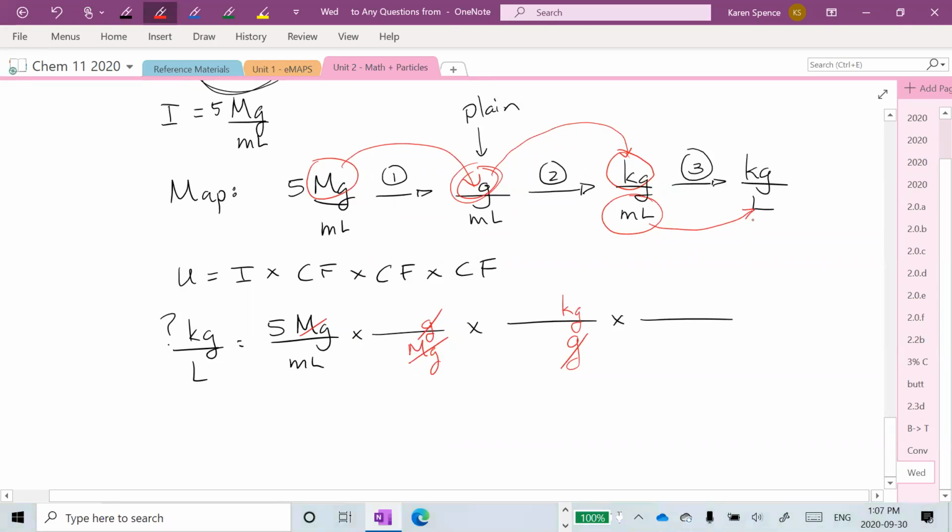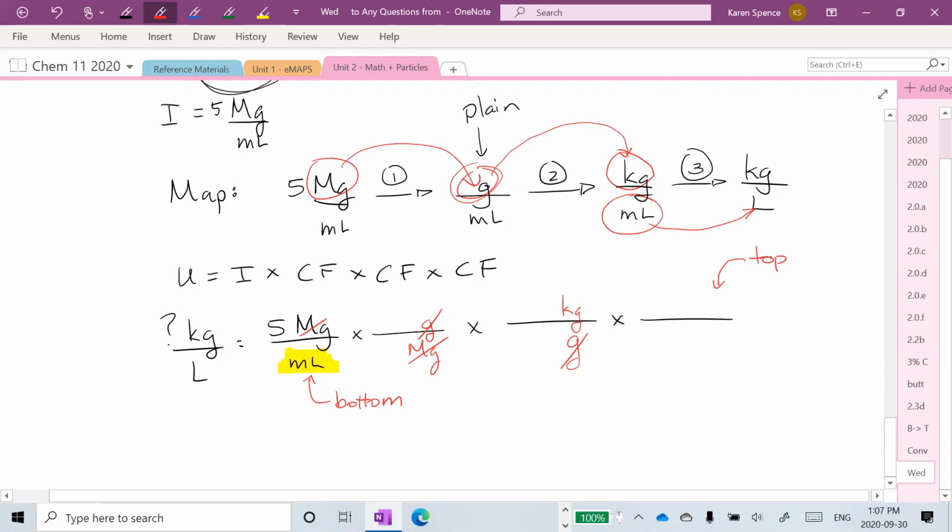Milliliters are going to liters. So I need to look and say, where are my milliliters? Are they on the top or are they on the bottom right now? Milliliters are on the bottom, yeah. So to cancel them out, I must put them on the top.